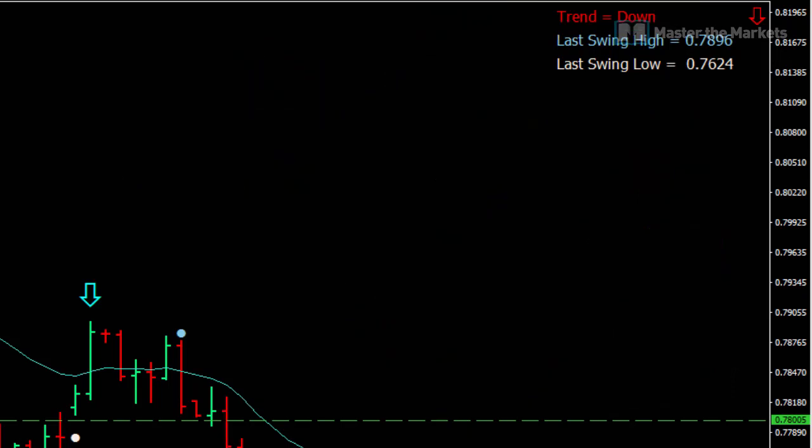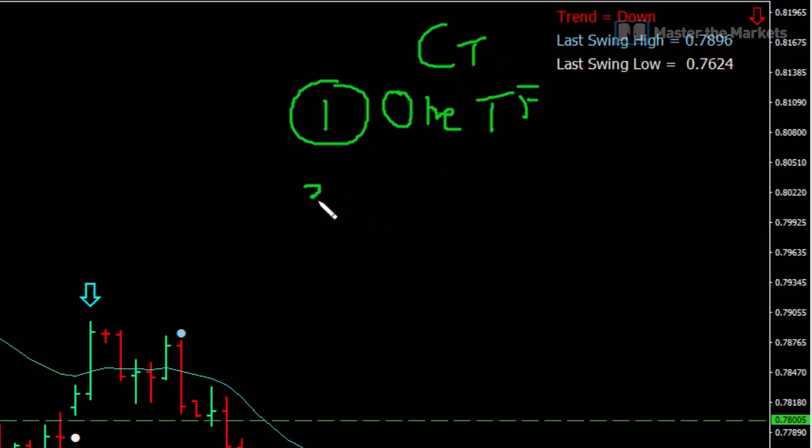So if I were to just recap that first, the first point about counter trend trades is that it has got to be a counter trend based on one time frame. Okay, based on only one time frame, the counter trend. It's based on one time frame. The second thing is that a higher time frame has got to be in trend.